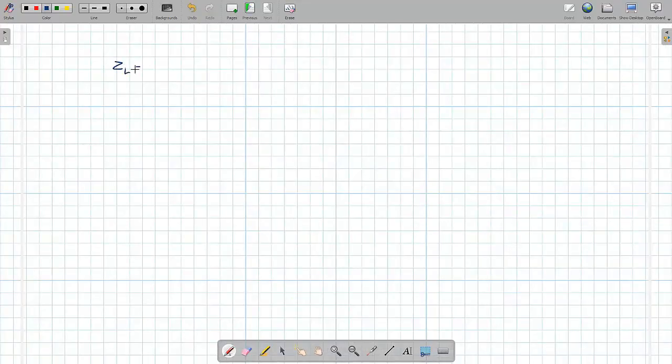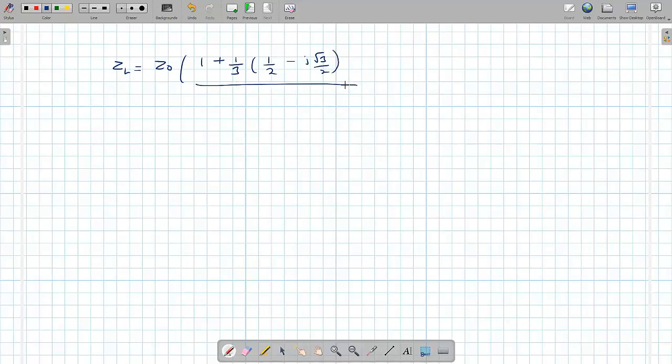Okay. When you further solve this, I can write ZL equal to Z naught. You can just write here 1 plus 1 by 3 times (1 by 2 minus j root 3 by 2), over 1 minus 1 by 3 times (1 by 2 minus j root 3 by 2).